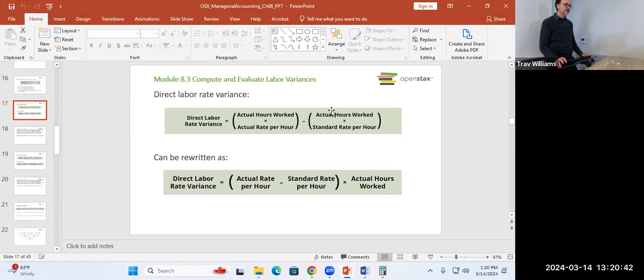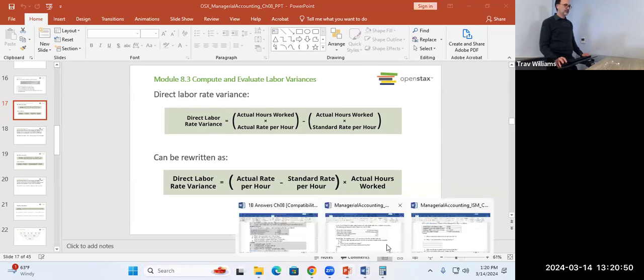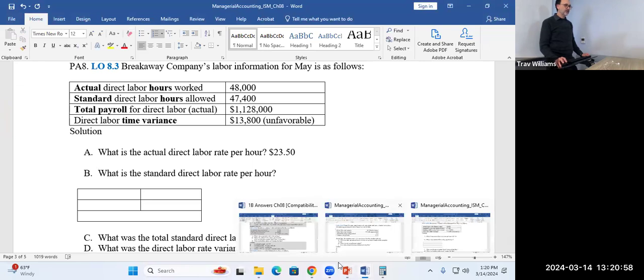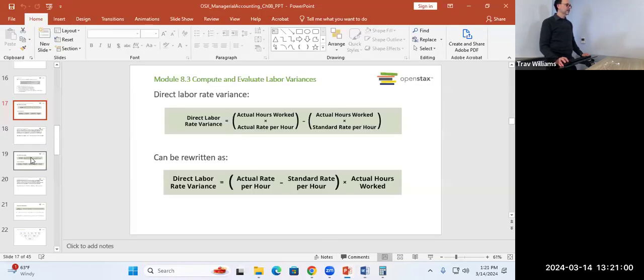If we have the rest of this information, including the rate variance, we can solve that. But I don't think we have the rate variance. We have the time variance. I don't think that formula is going to work for us in this case.